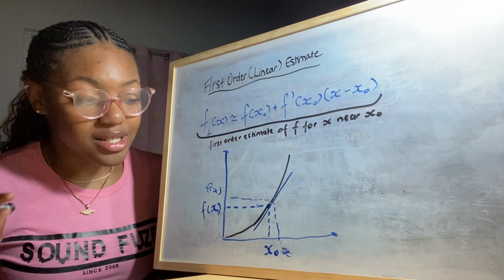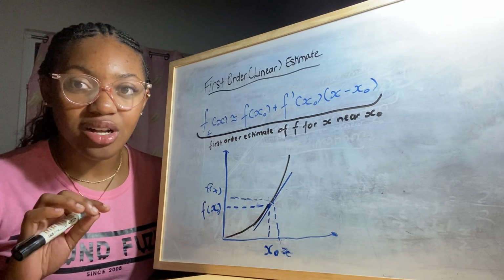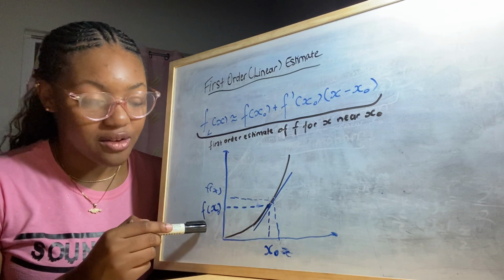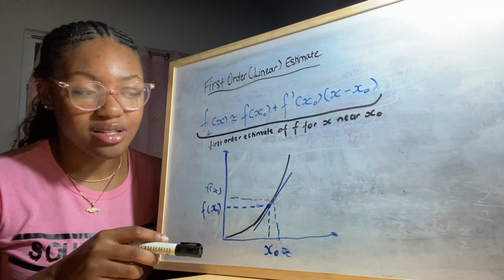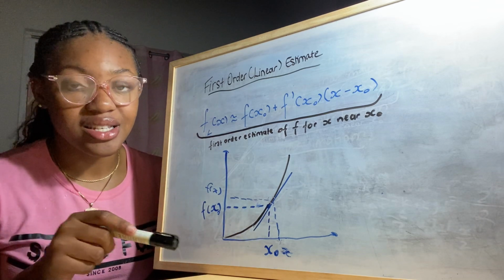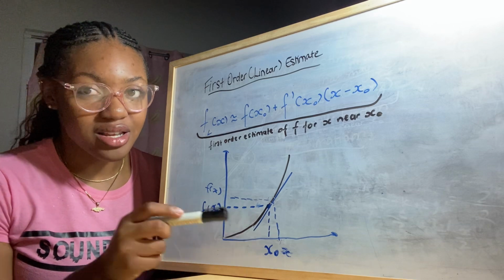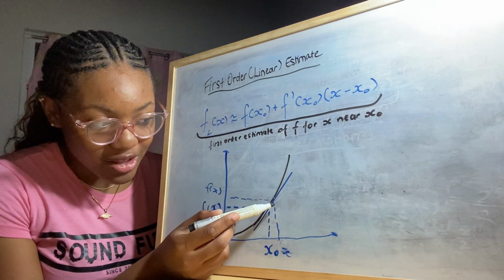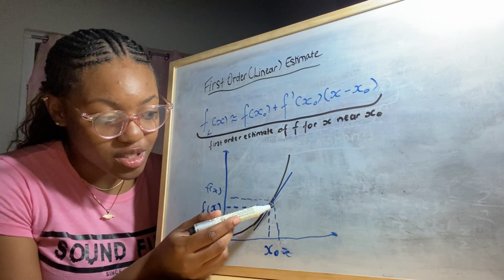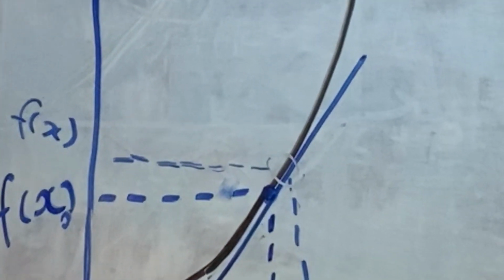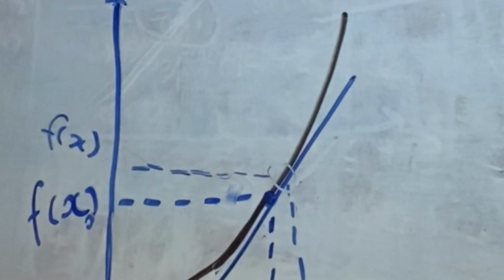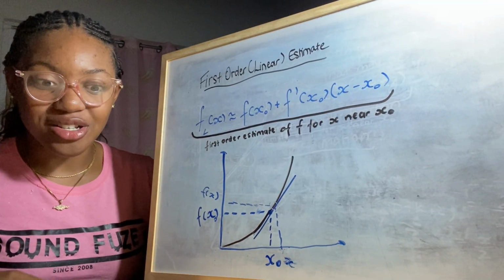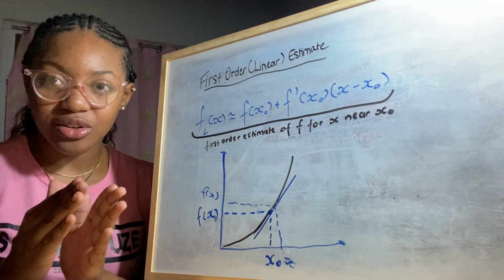All we're saying is that since the tangent touches the curve at this point, x naught and f of x naught, and we're considering an x that is close to x naught, then since the tangent touches the graph at that point, if you look right here, there's this little space.